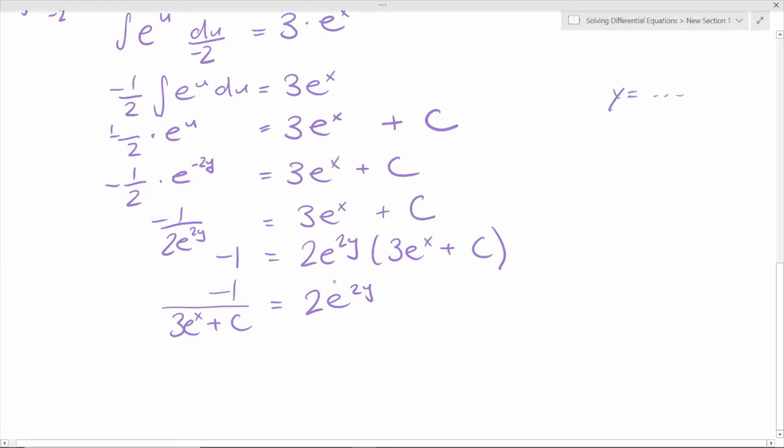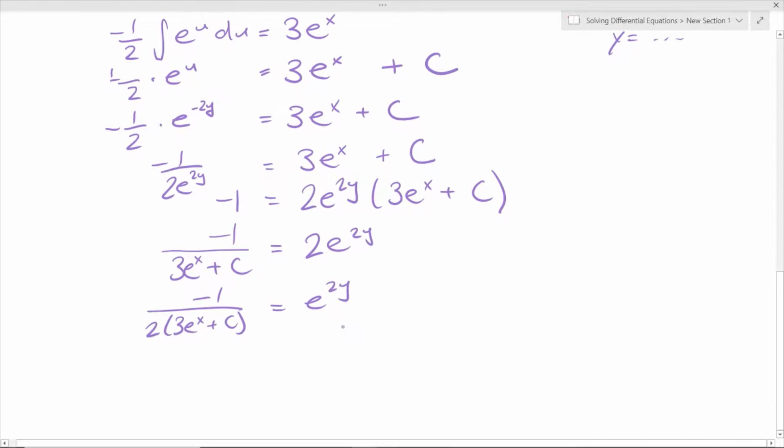Now we just have this stuff left, so let's divide by 2 on both sides to get rid of this 2. And now it's a lot simpler. Now we want to get rid of this e to the exponent of 2y. So the trick is we have to take the ln of both sides.